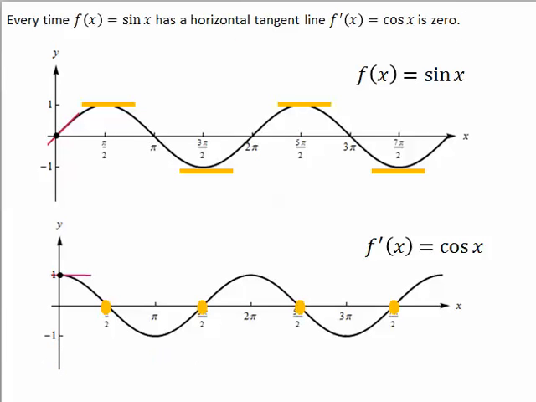And in fact, as we would expect, every time sine has a horizontal tangent line, that point is a 0 of cosine. Let's look a little more.